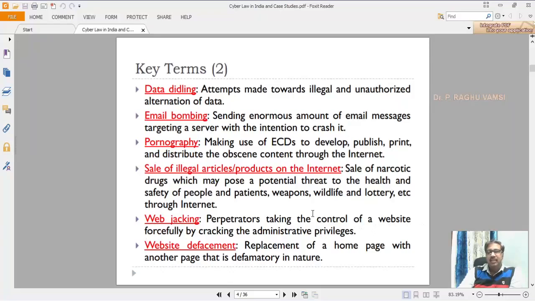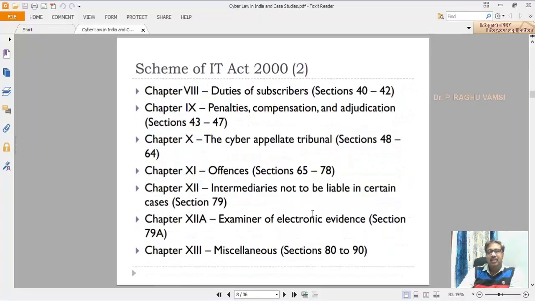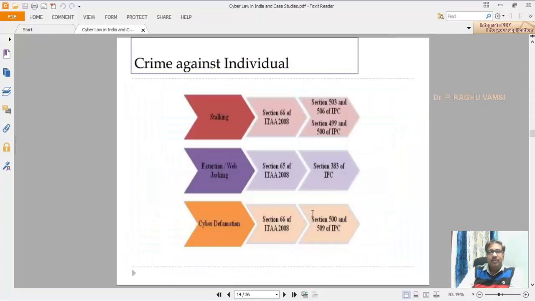You may be running your own website, but the hacker might have captured the administrative privileges and escalated the privileges. Then it will come under webjacking. This webjacking can be filed under Section 65 of IT Amendment Act 2008, which is mapped to Section 383 of the Indian Penal Code.